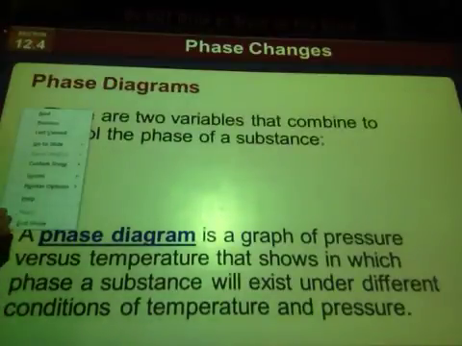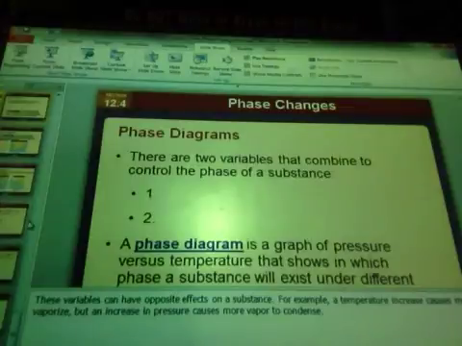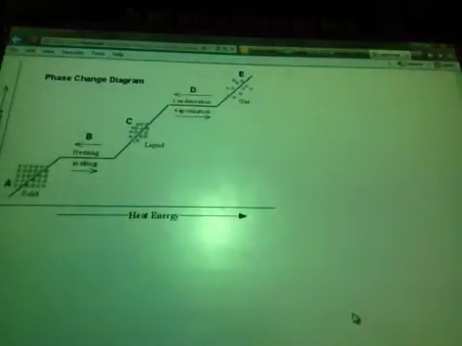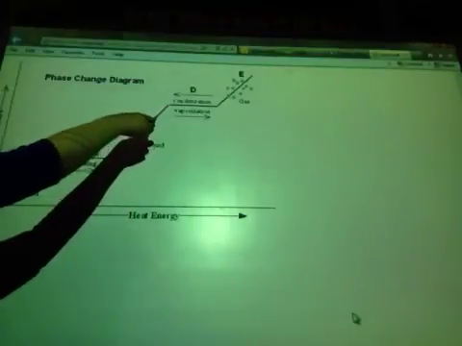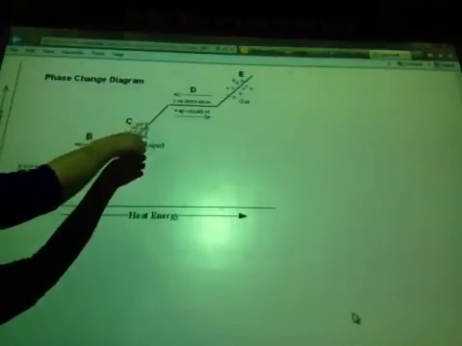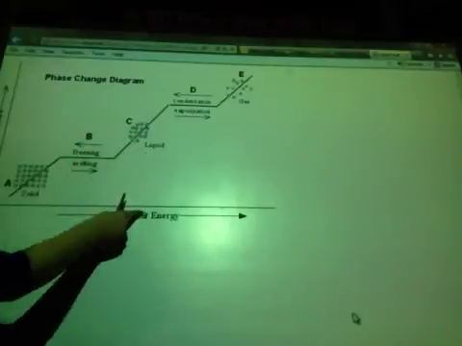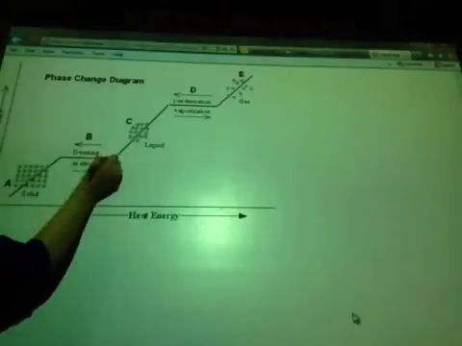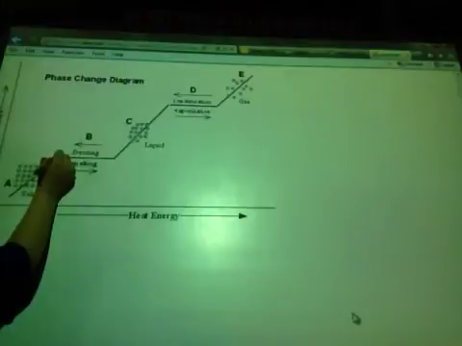Okay, and let's go back to our phase change diagram here. So if I'm looking at my phase change diagram, I can see that if I'm going from a liquid to a solid, going down from a liquid, my temperature is decreasing, at some point I'm losing energy here, and then once I get to my phase change, once I get to freezing, I'm still losing energy, but my temperature is remaining constant.